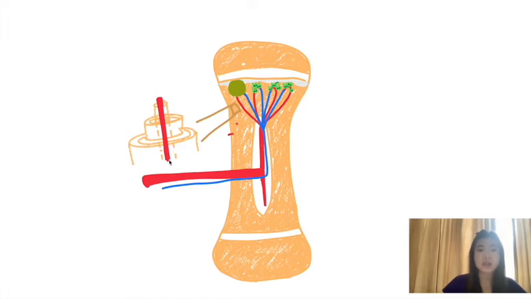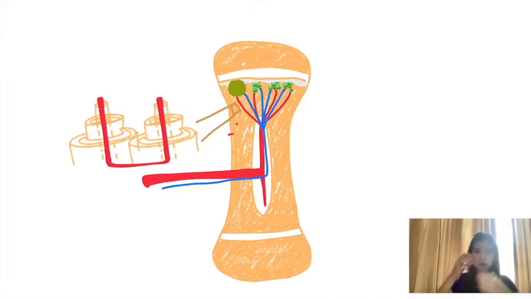Inside the Haversian canal there's vascularity. Imagine lots of osteons clumped together, and every Haversian canal and its vascularity inside is connected through Volkmann's canal.